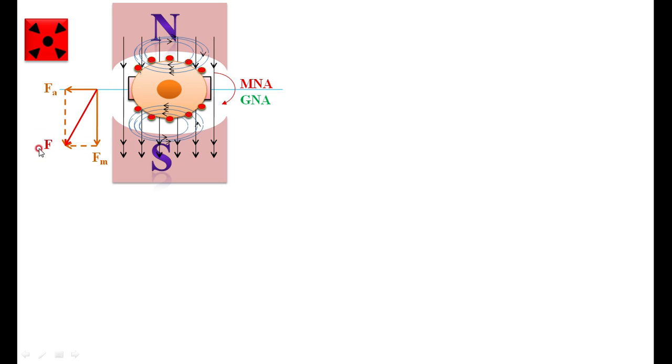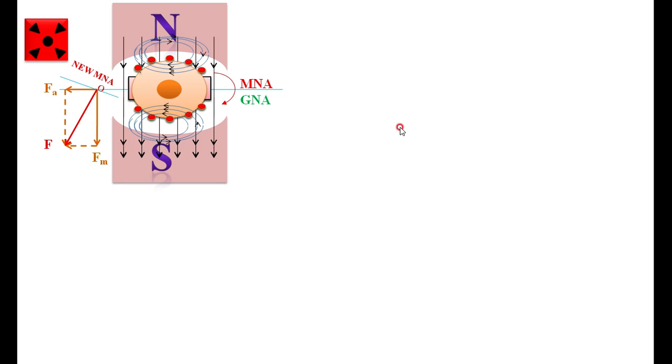Here is the resultant flux F. Its magnitude has changed, and at the same time its direction has also changed. Now the magnetic neutral axis is no longer perpendicular to the polar axis, but perpendicular to the resultant flux. There is a new magnetic neutral axis.